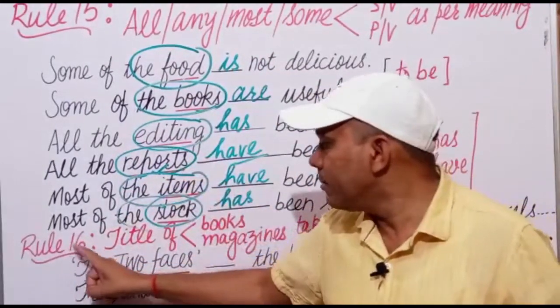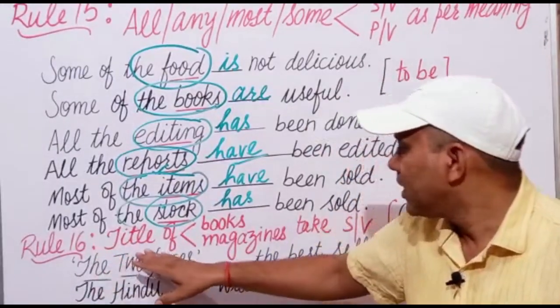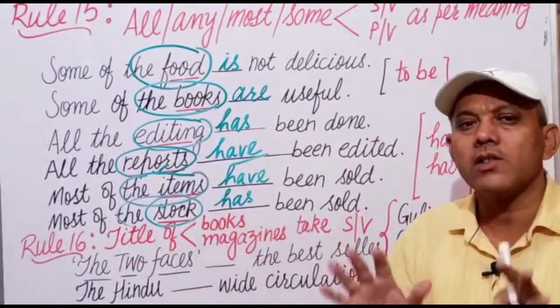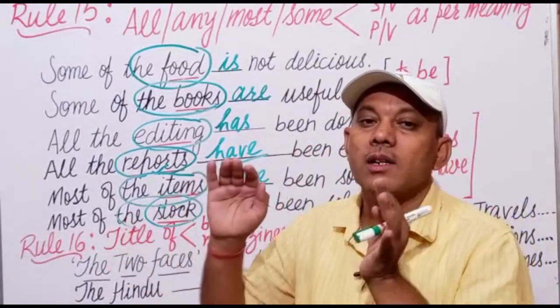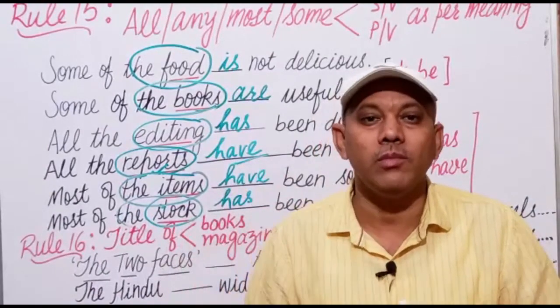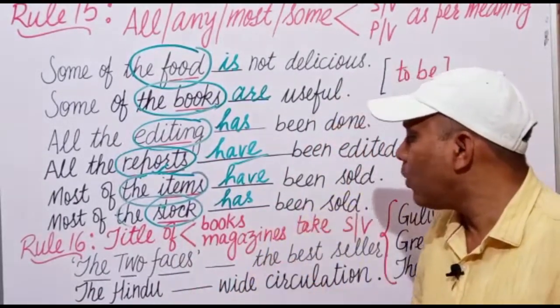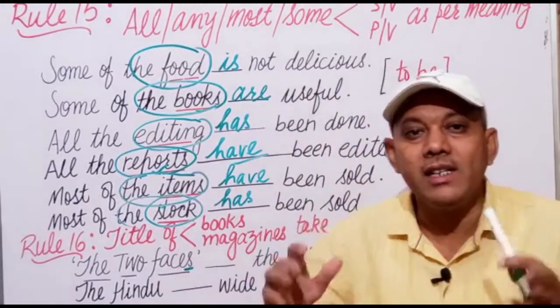Next is rule number 16. Rule 16 says: title of the books. There are certain titles of books or magazines or some daily newspapers which seem to be plural in form because they have s at the end of their titles.